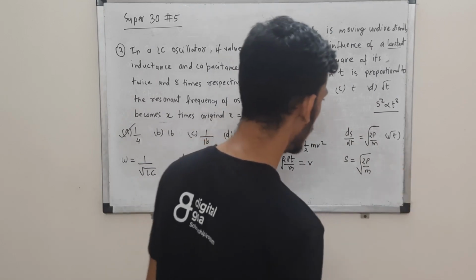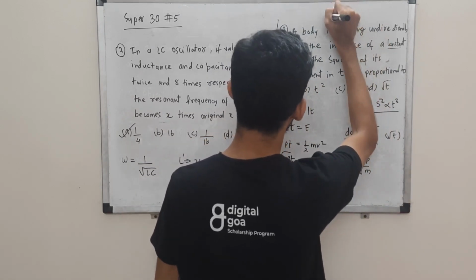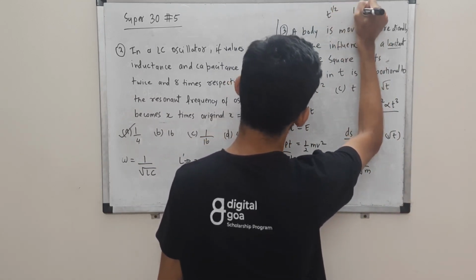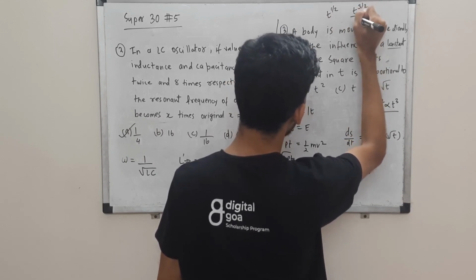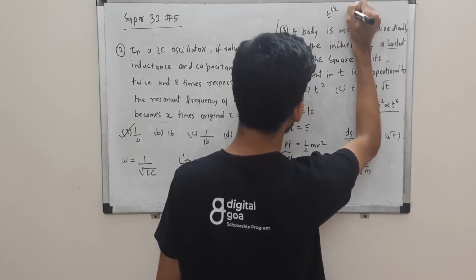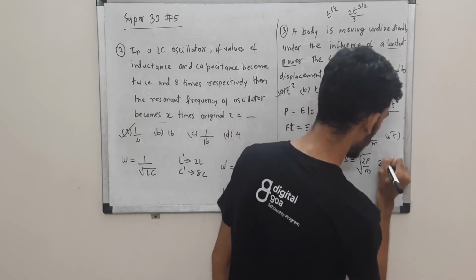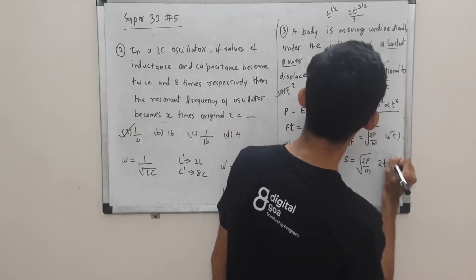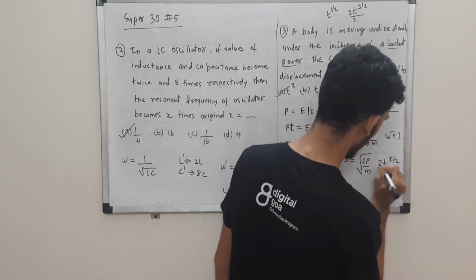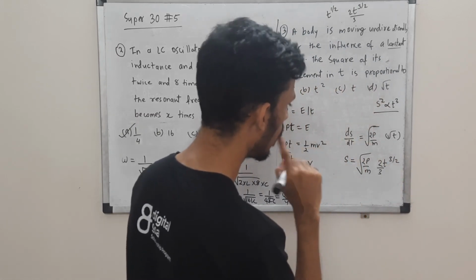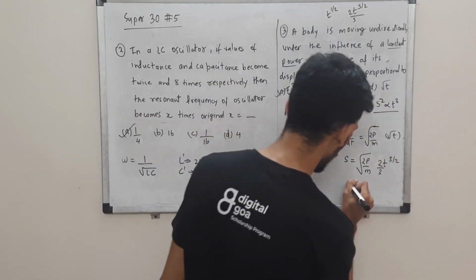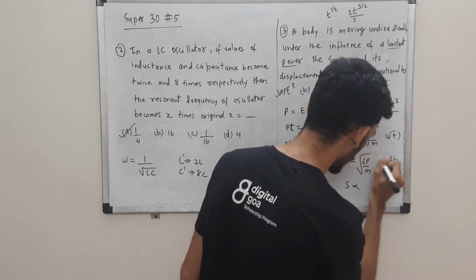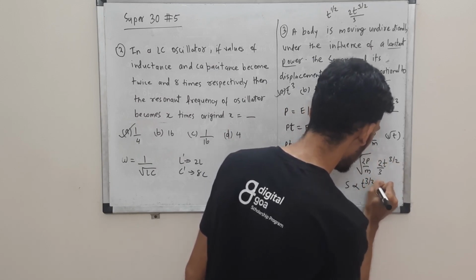Here the integration of t raised to half gives us n plus 1, which is 3 by 2, divided by 3 by 2, so it will become 2 by 3 times t to the 3 by 2. So s is proportional to t to the power 3 by 2, and all of the rest is a constant.